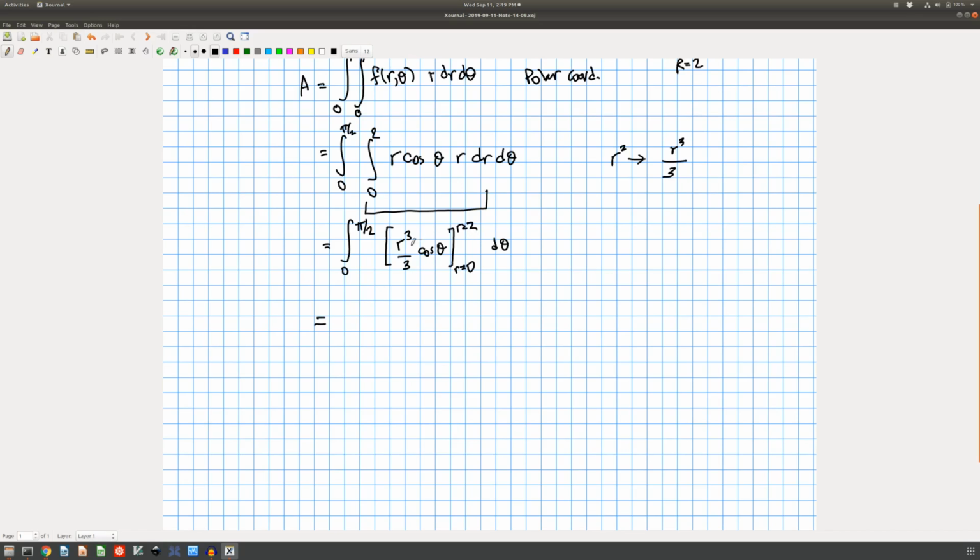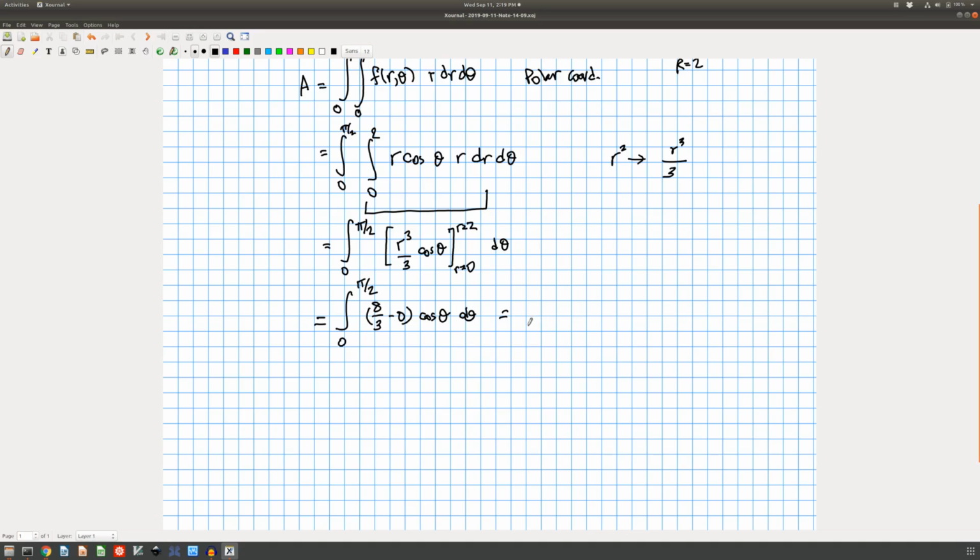So if I do that on the next line, I evaluate r at 2, that's 2 cubed is 8, so that's 8 thirds and then 0. So I'm going to have 8 thirds minus 0 of cosine theta, still my integral here, 0 to pi halves d theta. Okay, and then the 8 thirds is going to come out, and now I just have to integrate cosine theta d theta.